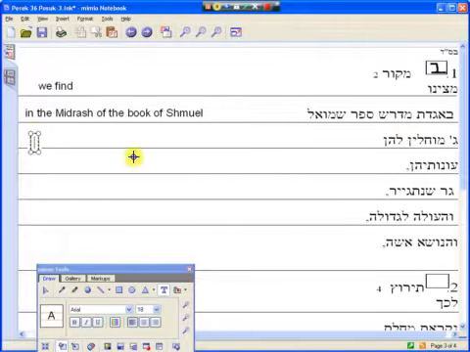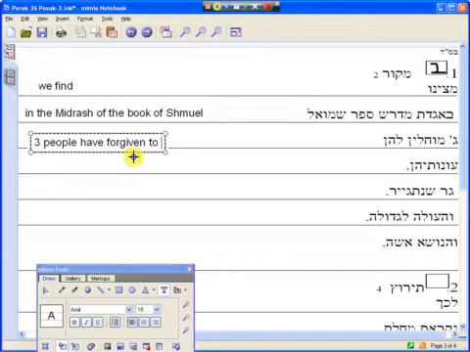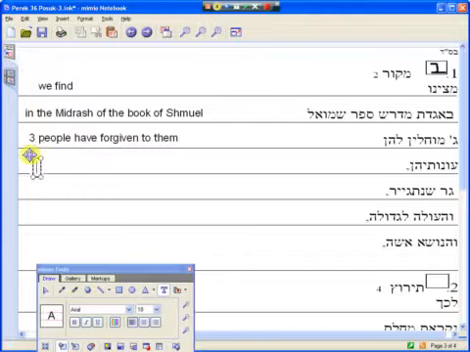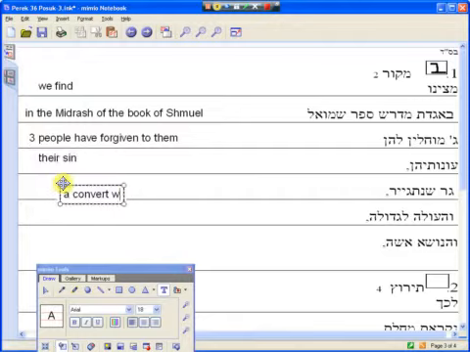Gimel Mechalan Lahem, 3 people have forgiven to them. Avoinoi Sehen, their sins. Gershon is Gayer, a convert who converts.